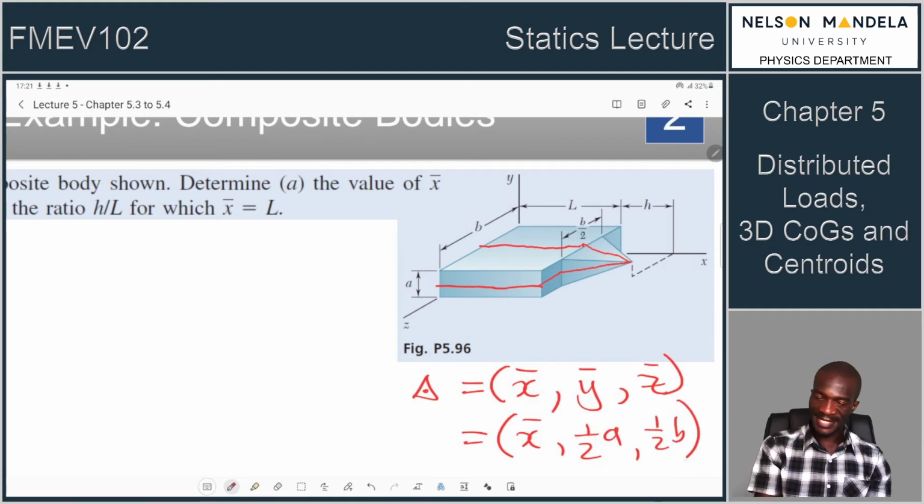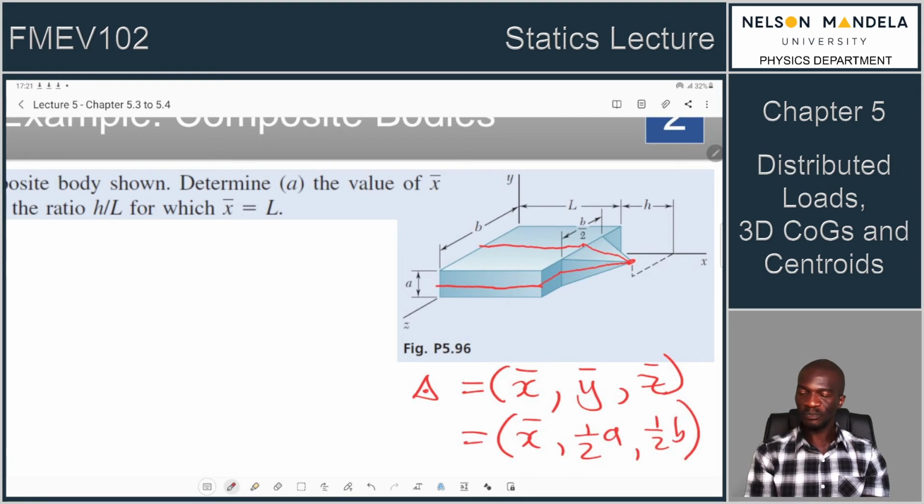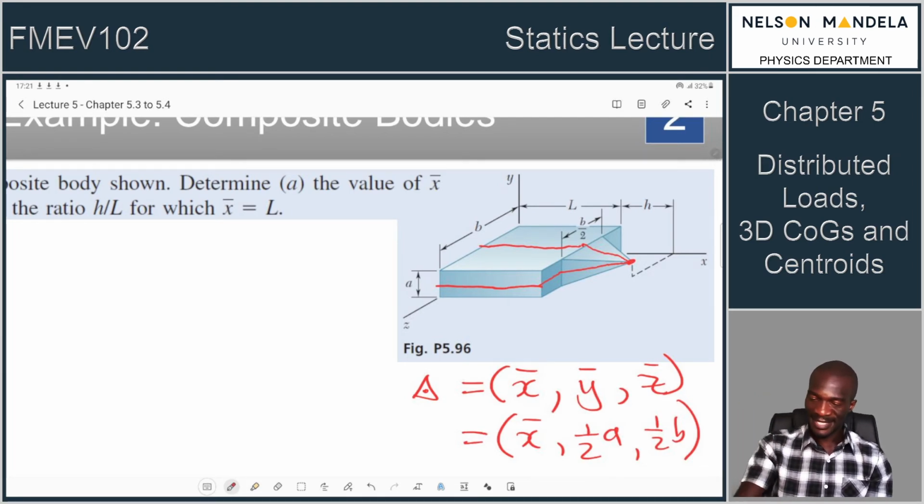So where they intersect, which is the line that passes through this, it's a line parallel to the x-axis. This line is at this offset position, right? That becomes our line where the centroid must be located. Therefore, we are just looking for an x position along that line.